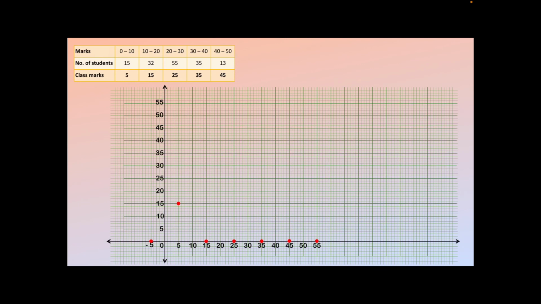Similarly, the second point would be for the class mark 15, where the frequency is 32. In the same way, we plot for all the given class marks. Once these points are plotted, we take frequencies as 0 for the class marks of the imaginary class intervals, so those points will remain on the x-axis only. Now we have to join these points using line segments one by one.